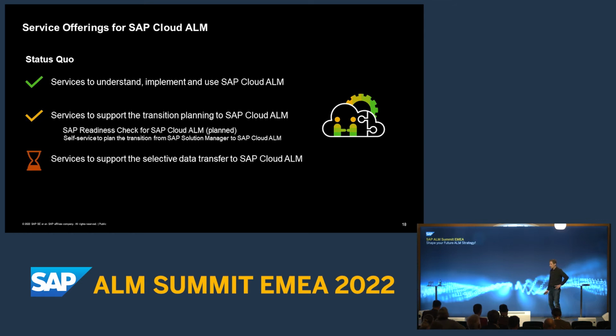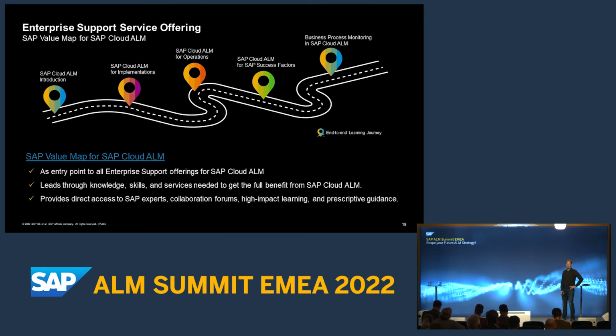Now, let's come to the services which are available today and which help you to understand, implement, and use Cloud ALM. All of those services are accessible from the enterprise support value maps. Not sure if you know about that.